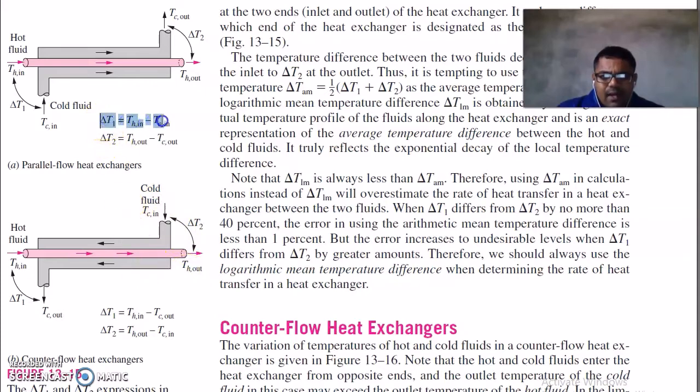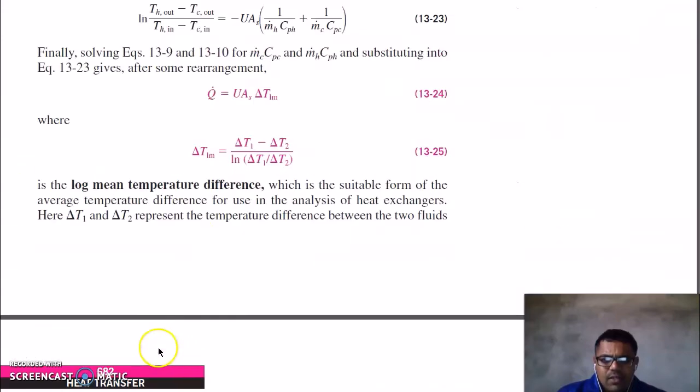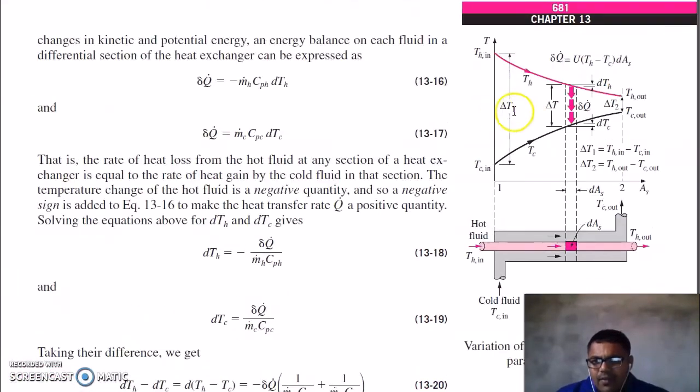So whatever arrangement you take, whether parallel flow or counter flow heat exchanger, delta Tm is independent of parallel or counter, because it is the difference of delta T1 and delta T2. So we will consider this logarithmic temperature difference irrespective of the direction of flow. You can also see that the temperature difference between the two fluids decreases from delta T1 at inlet to delta T2 at outlet.